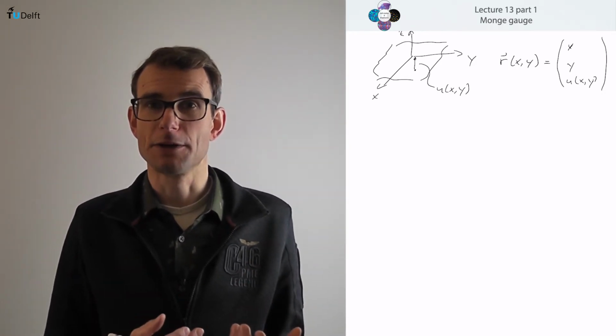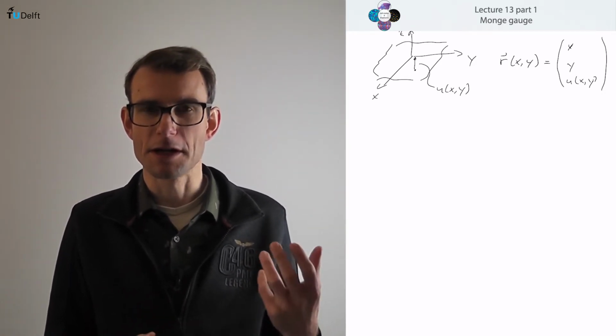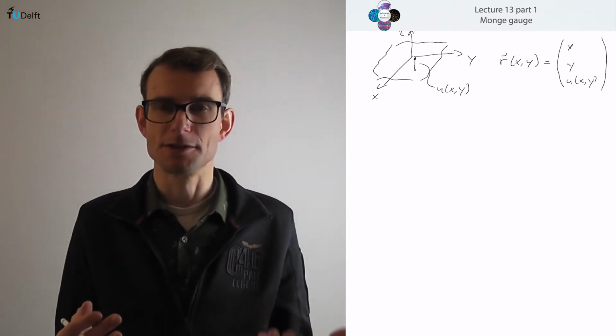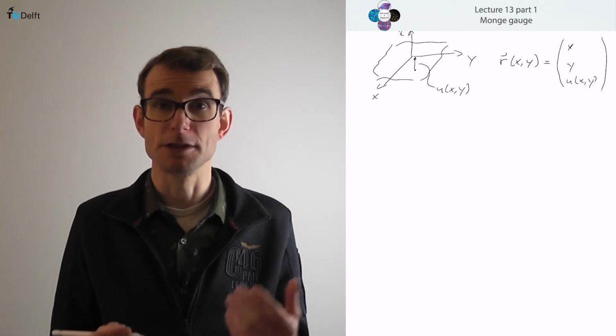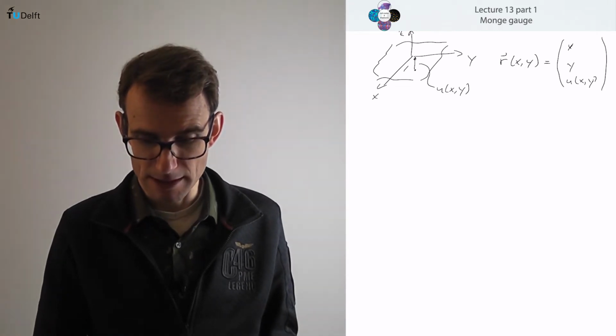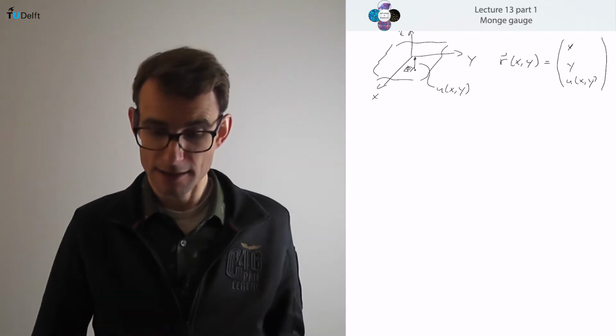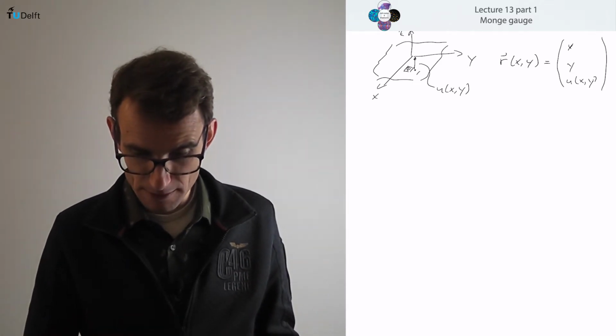We will also need to calculate the area element when we are integrating the curvature over the whole area of the membrane. The area element is not simply dx times dy, because it's of course an area element in the membrane itself over here, and not on the reference plane, which would be down there.